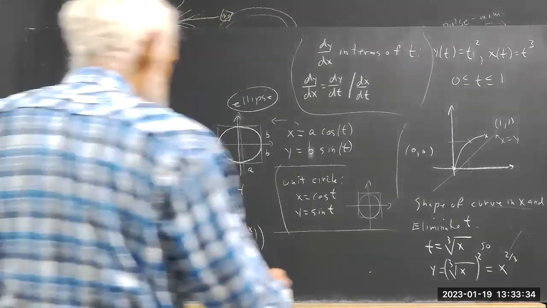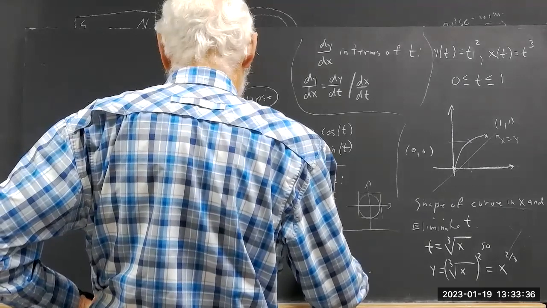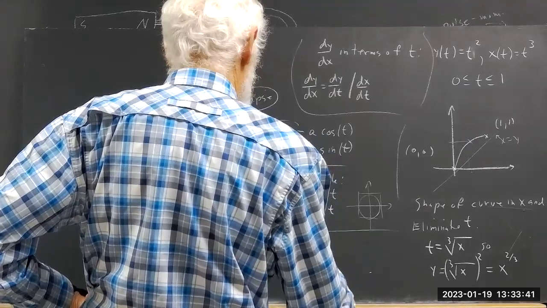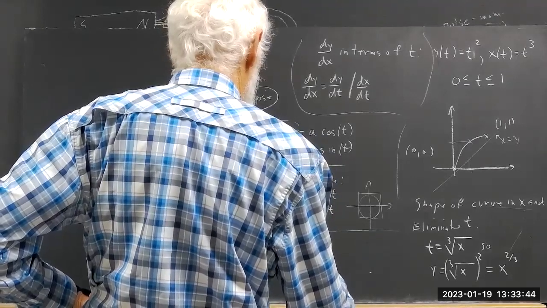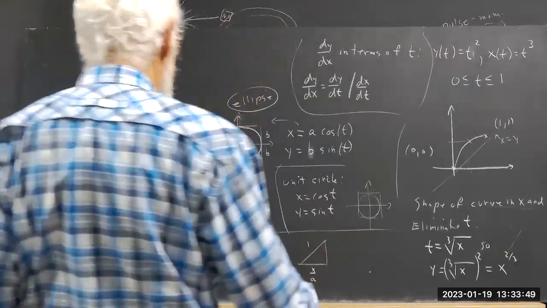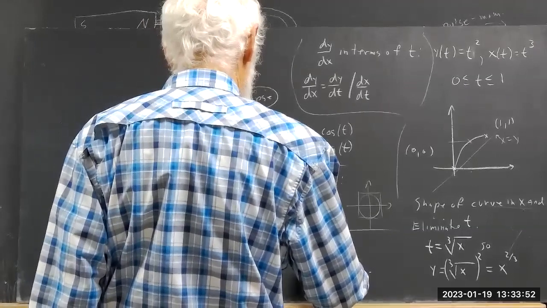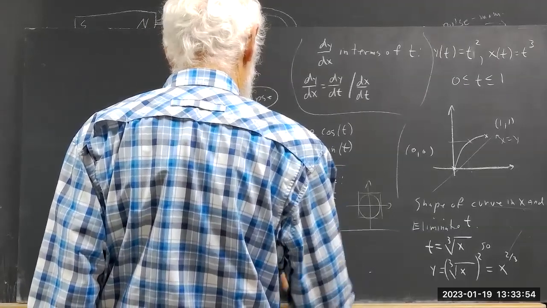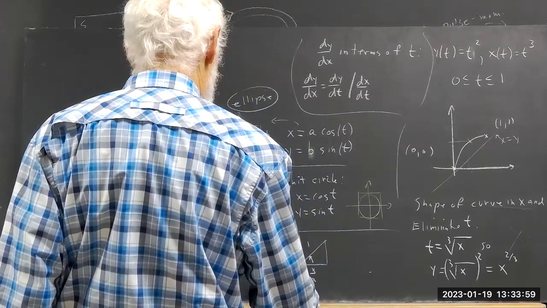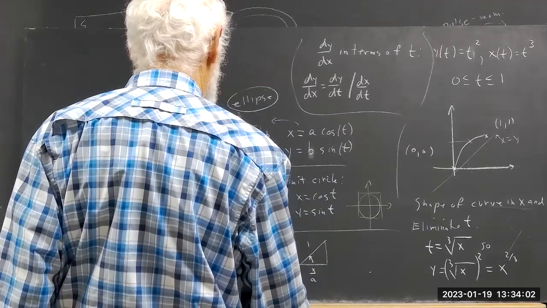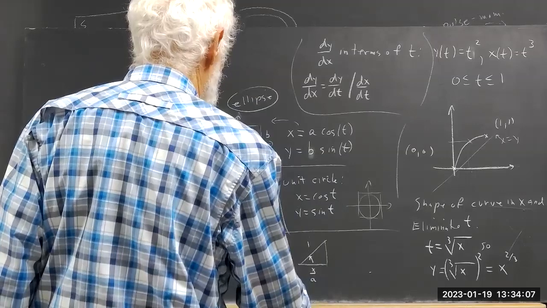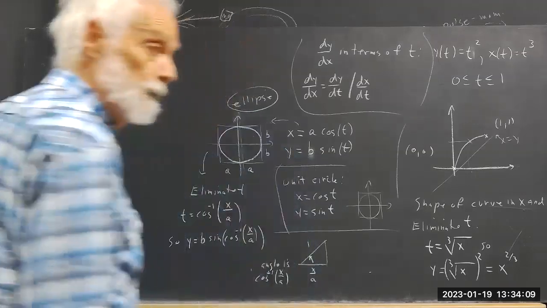You have to draw a picture. Hypotenuse 1, adjacent side X over A. And this angle here, which I don't have room to label, that angle is the inverse cosine of X over A, isn't it?